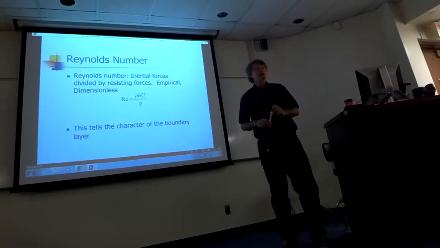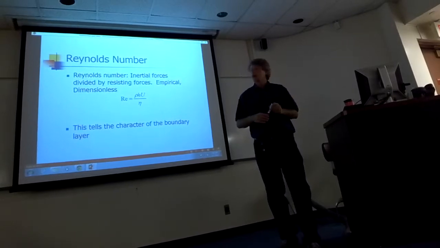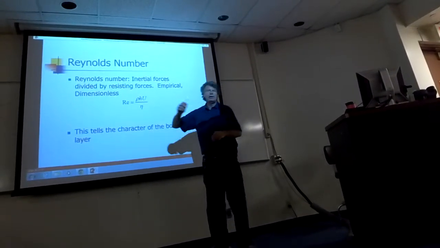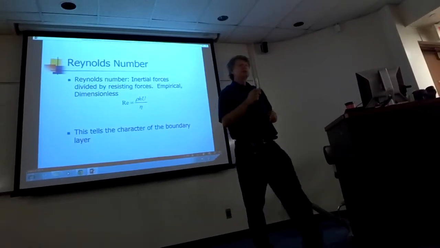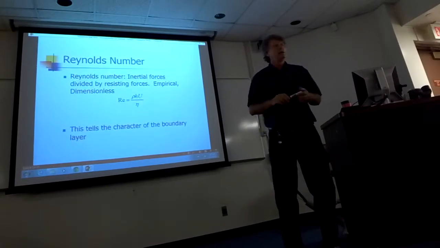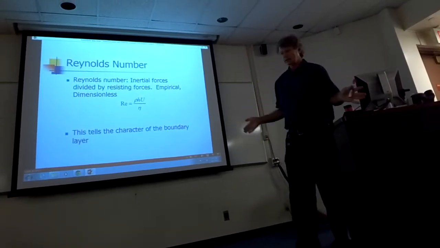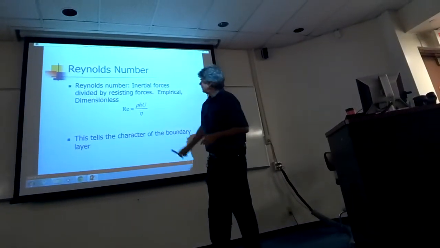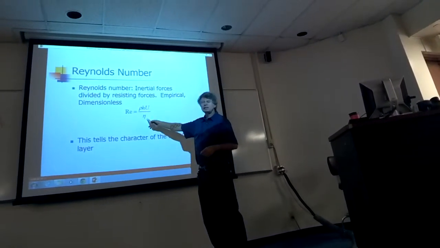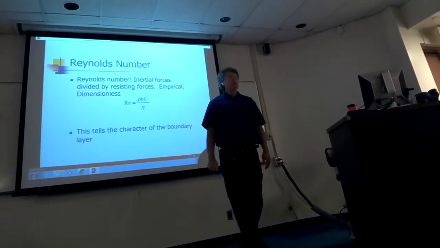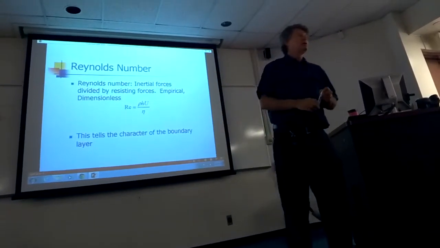Let's pretend we've got a river. Our river is very shallow. It's half a meter deep, and it's flowing very, very slowly at a meter a second. So what is the Reynolds number? The viscosity here is a constant. I gave it to you in the first place. It's, I believe, 1.06 times 10 to the minus third.